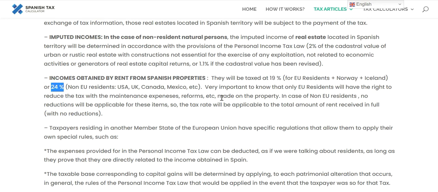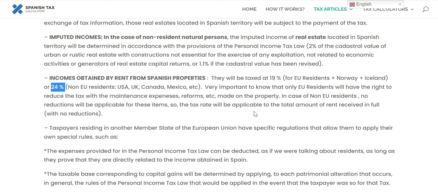The difference is also that while you are renting a property in Spain, EU residents, foreign non-residents in Spain, who are nationals or residents in one of the EU countries, will pay less taxes, 19% rather than 24%.